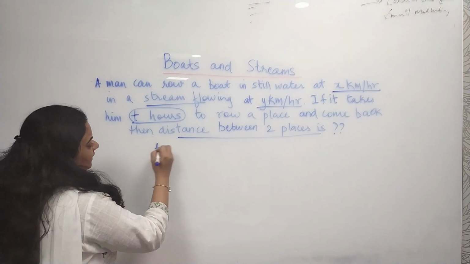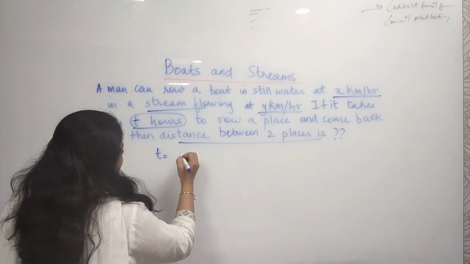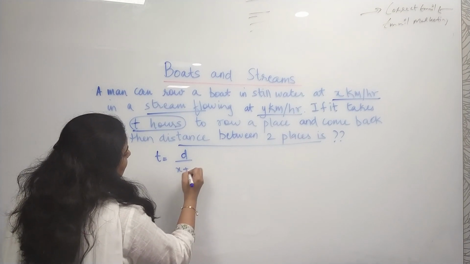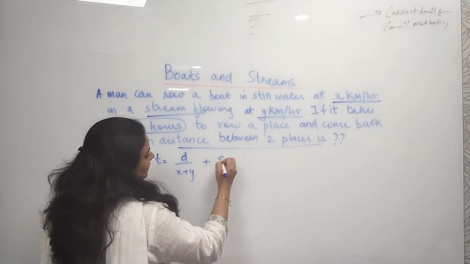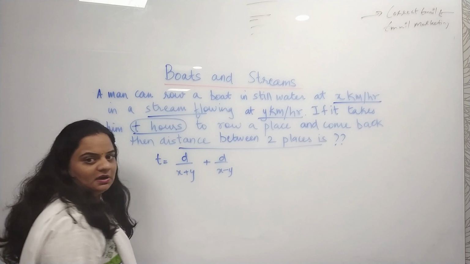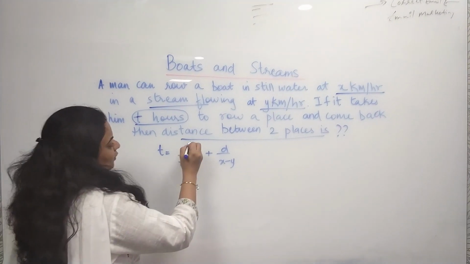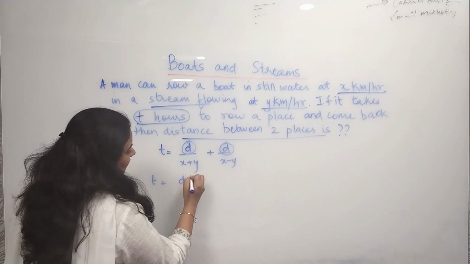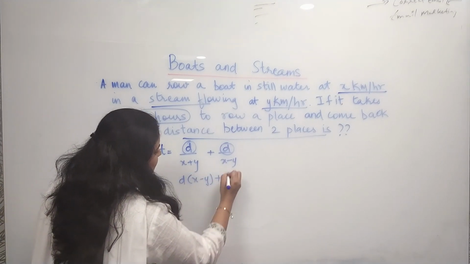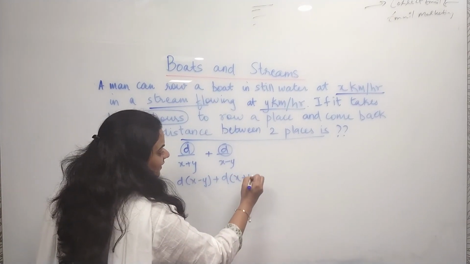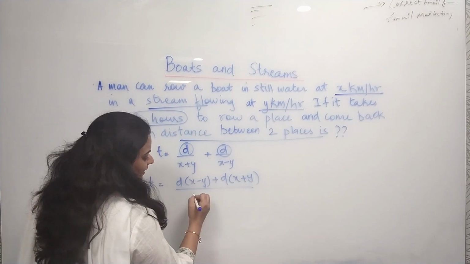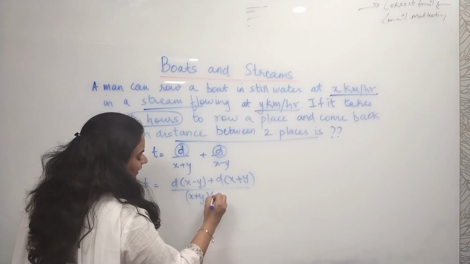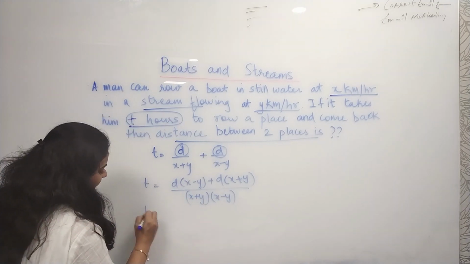Now, we are given the total time t, which is the time taken to cover downstream and the time taken to cover upstream. We want to find out the value of d. This can be further solved as d into (x minus y) plus d into (x plus y) upon (x plus y) into (x minus y).